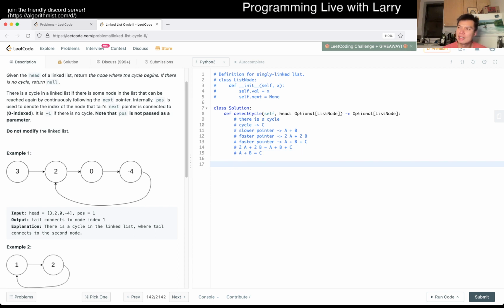Then that means that the fast pointer is going to be A plus B behind. What happens if we have a second slow pointer?